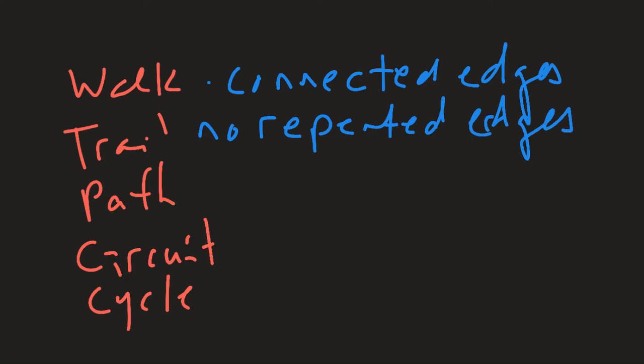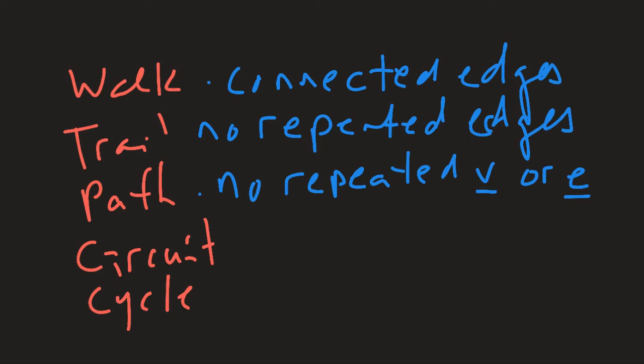Sorry if that D is the messiest D on earth. A path has no repeated vertices or edges. Sorry if I'm writing those as short form, but I just don't have room.